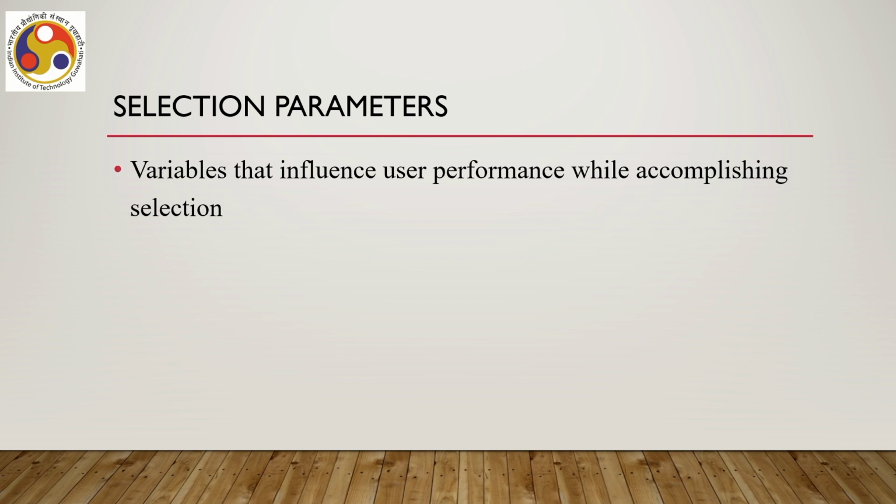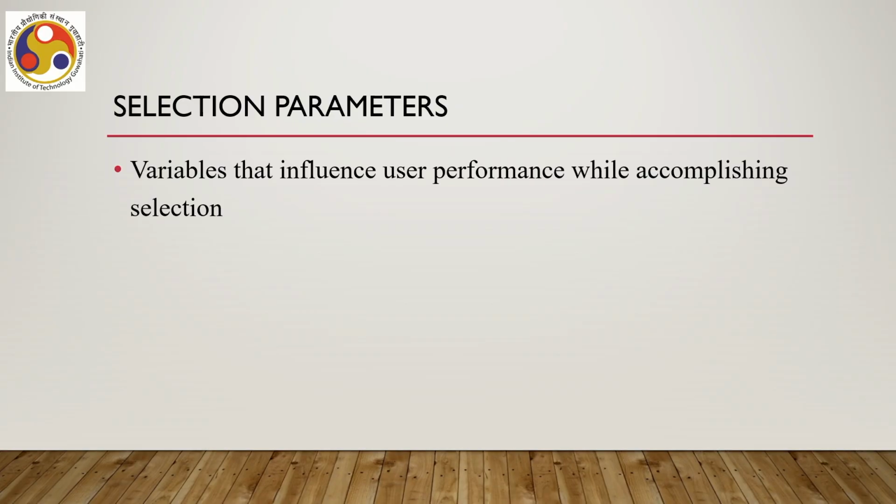Now, when we talk of interactions for selection of objects, how do we know which kind of interaction is suitable for a given virtual experience? So, that is determined by a set of parameters or variables which influence the user performance while accomplishing the selection task.